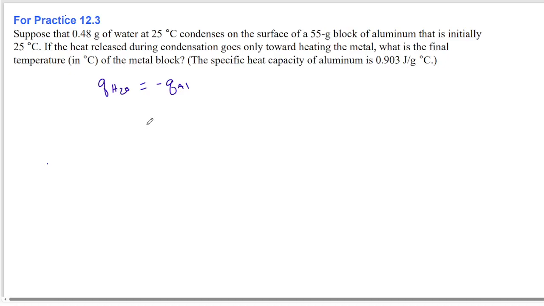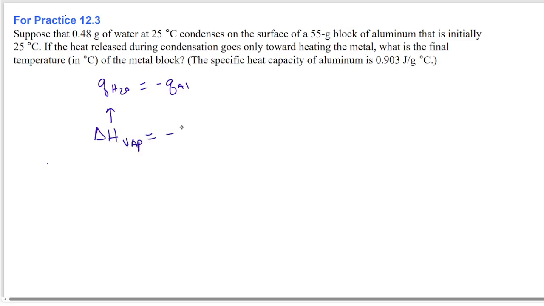What we're governed by is the number of moles times the delta H of vaporization, right? And so we can still say the Q of the water is equal to the negative Q for the aluminum, but we need to calculate the Q for the water from the delta H of vaporization, or rather the delta H of condensation.